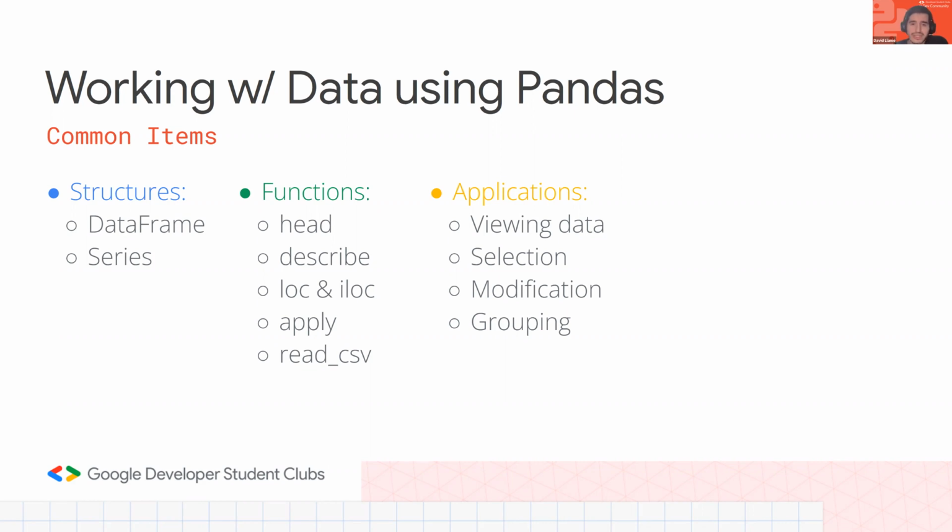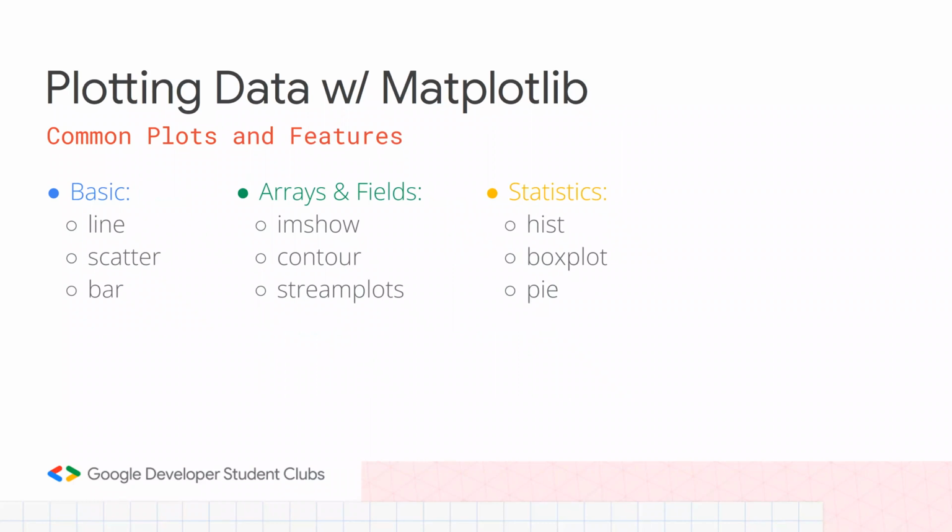There's a couple functions: head, describe, loc, and iloc, apply, read CSV. These are very common functions, but there's more that I'll show in the notebook. And some of the applications for Pandas is viewing data, selecting data from your massive data, modification, grouping, all types of applications.